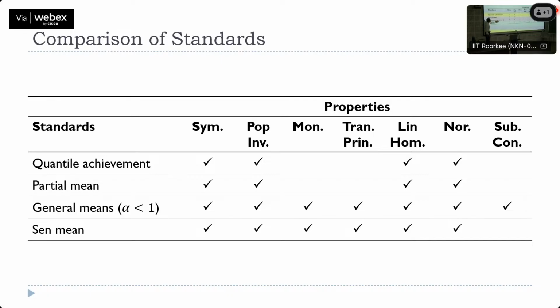The generalized mean appears to be kind of the perfect measure. The same mean, which is used to construct the Gini coefficient, has only one problem, which is subgroup consistency. It doesn't satisfy it. What would be the problem? I just discussed subgroup consistency, right? So if it does not satisfy subgroup consistency, what empirical problem could you have?